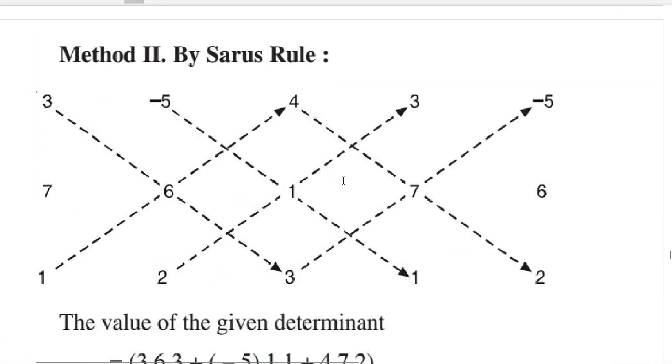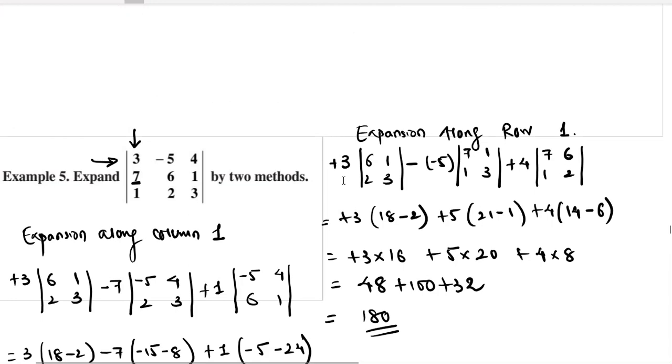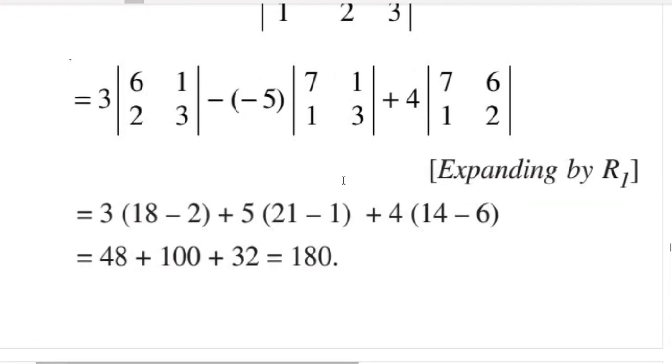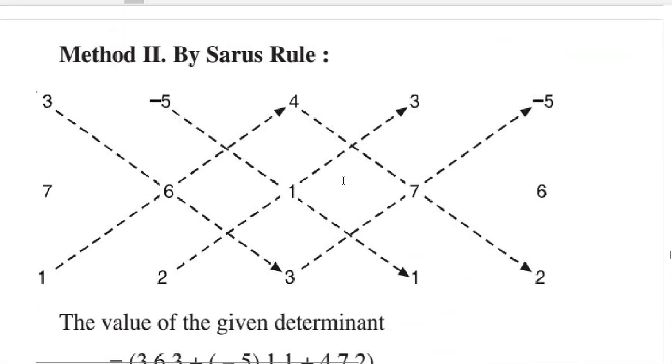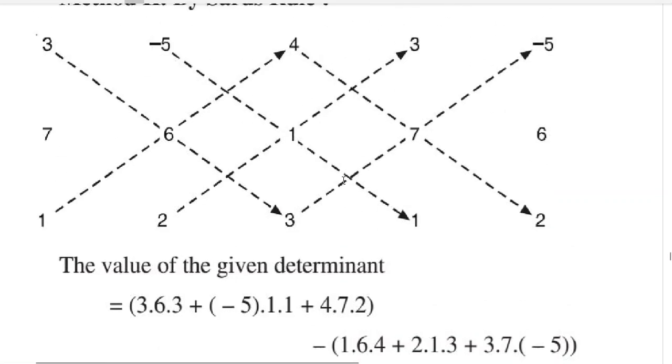Correct. Okay, they meant by Sarrus rule. So by two methods I thought they meant expansion along row 1 and column 1, but they mean expansion along any row or column, and by using Sarrus rule. So if you use the Sarrus rule also, you get the same answer. The method is shown over here. This is the diagram of Sarrus rule, and see what they have done.